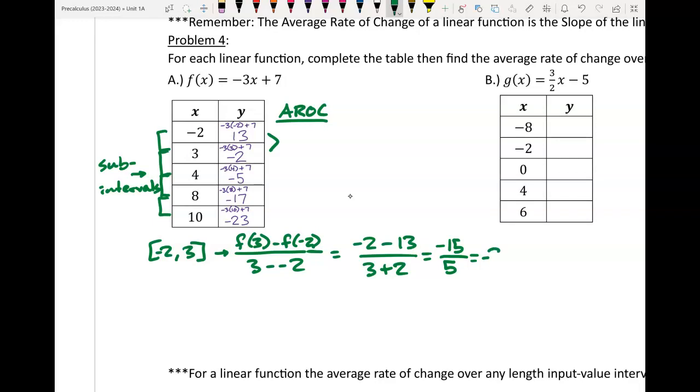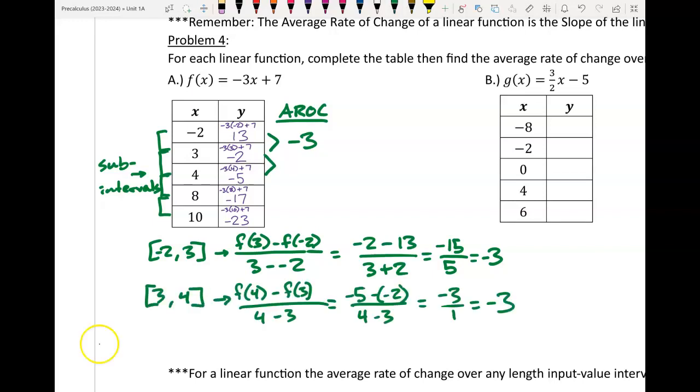Negative 3. All right, in the last couple minutes, I want you to find the rate of change for the next set. So for 3 to 4, what is our rate of change? Our rate of change for the next interval from 3 to 4 is also negative 3.